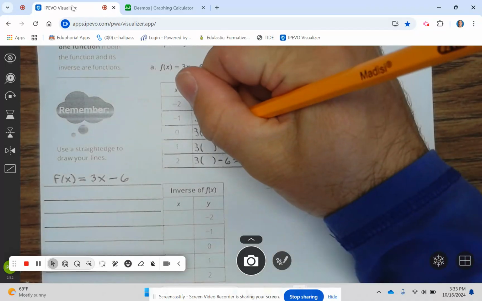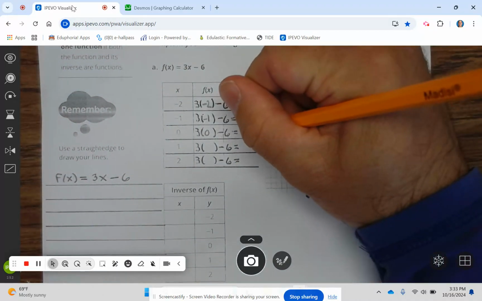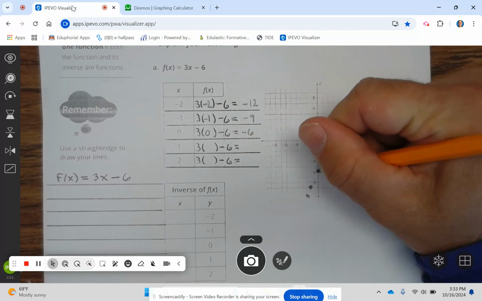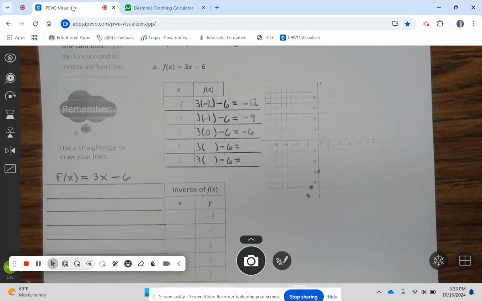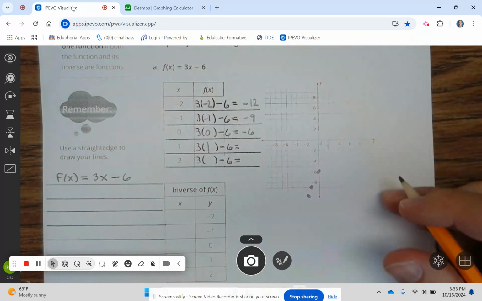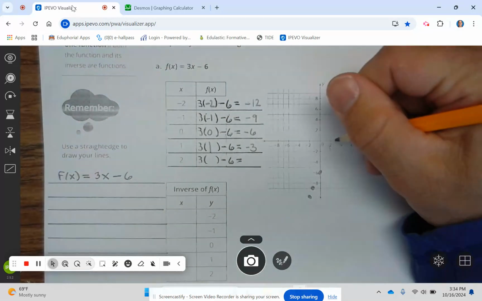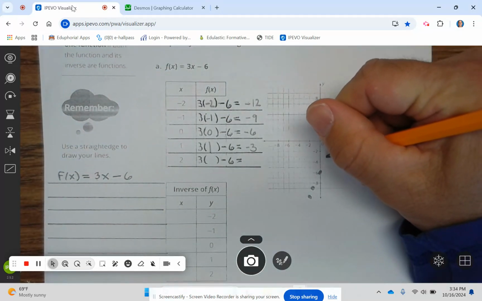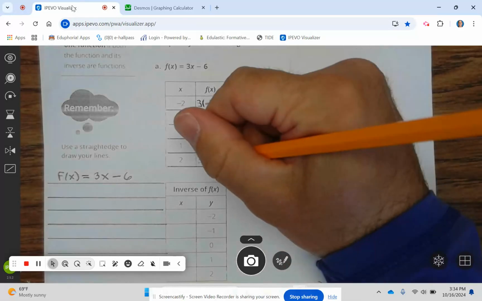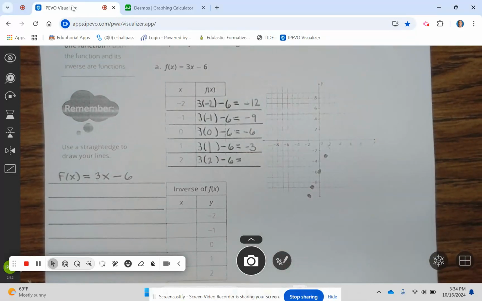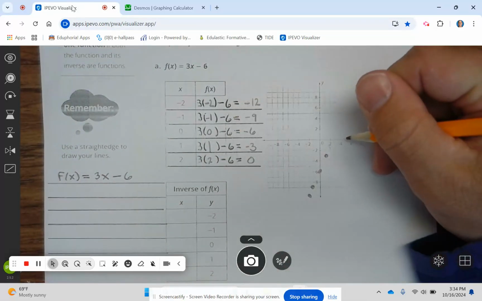And then we plug in 0. 3 times 0 minus 6 is -6. So 0, -6. Plug in 1. 3 times 1 minus 6 is -3. So 1, -3. And then plug in 2. 3 times 2 minus 6 is 0.